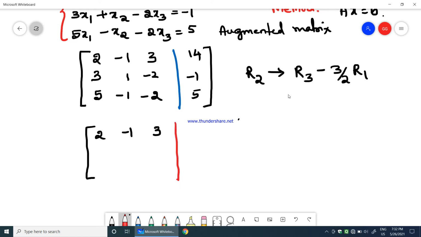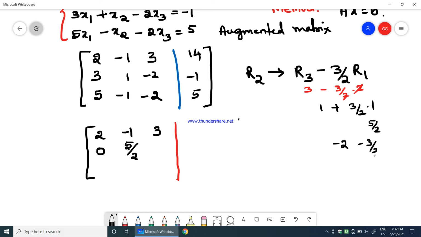Now 3 minus 3 by 2 into 2 is 3 minus 3, which is 0. Then 1 minus of minus, plus 3 by 2 into 1, so you get 2 plus 3, 5 by 2. Then minus 2 minus 3 by 2 into 3, which is minus 2 minus 9 by 2, so minus 4 minus 9 is minus 13 by 2. This is 14.